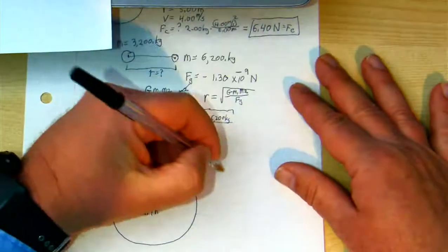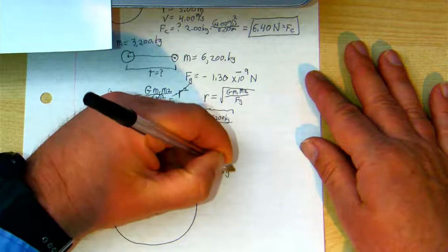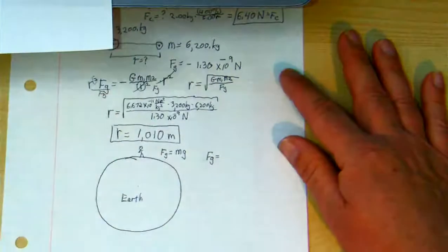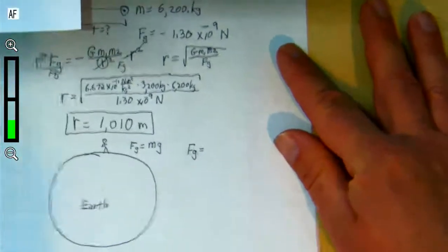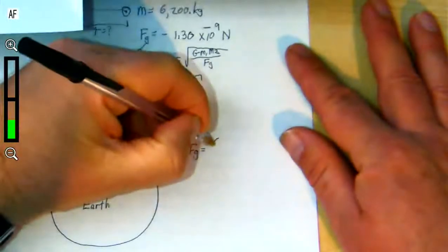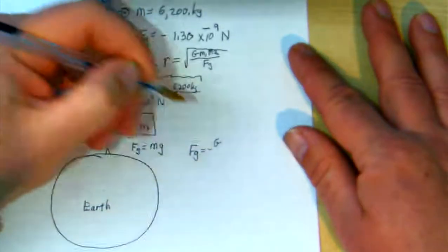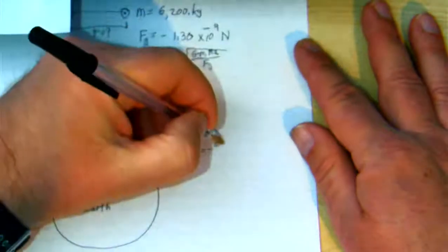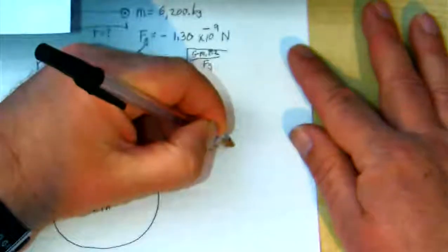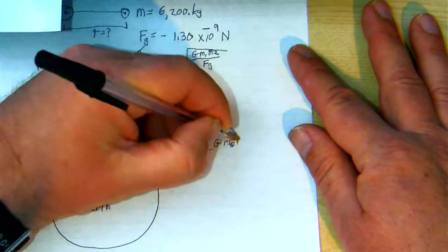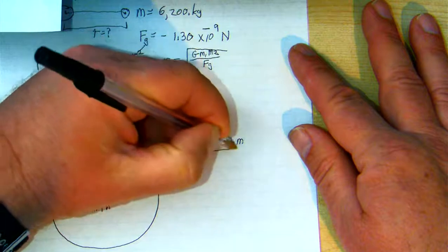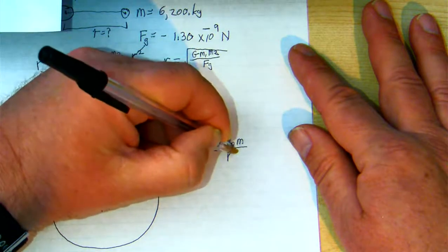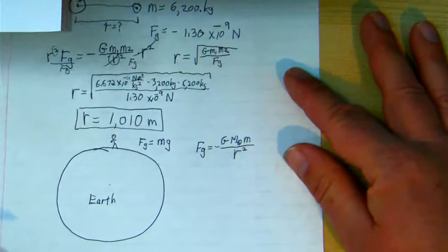In that equation, it says the force of gravitational attraction between you and Mother Earth is the product of the universal gravitational constant, with a minus sign because it's an attractive force, times the mass of the Earth times the mass of you divided by the distance from the center of you to the center of the Earth squared.